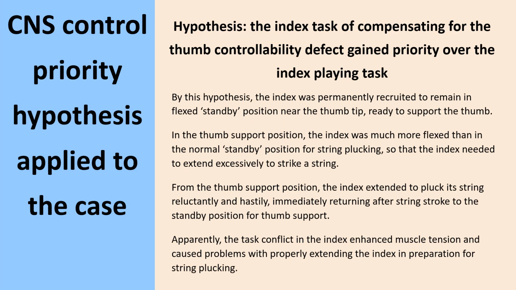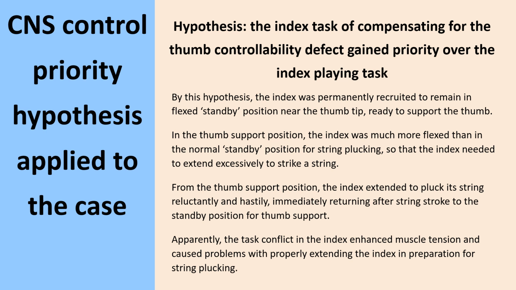CNS control priority hypothesis applied to the case. Hypothesis: the index task of compensating for the thumb controllability defect gained priority over the index playing task. By this hypothesis, the index was permanently recruited to remain in flexed standby position near the thumb tip, ready to support the thumb.